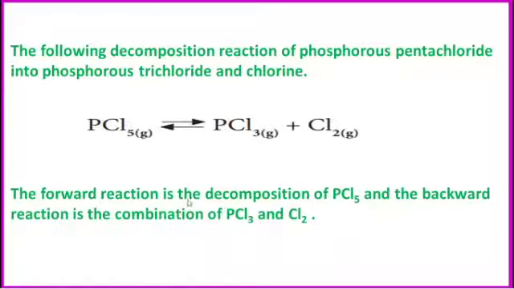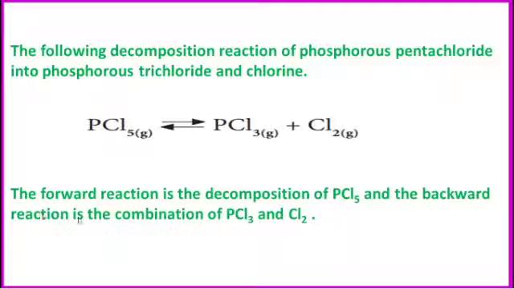The forward reaction is the decomposition of PCl5. Only one reactant, PCl5, is involved to form more than one product, PCl3 and Cl2. So this is the decomposition reaction.